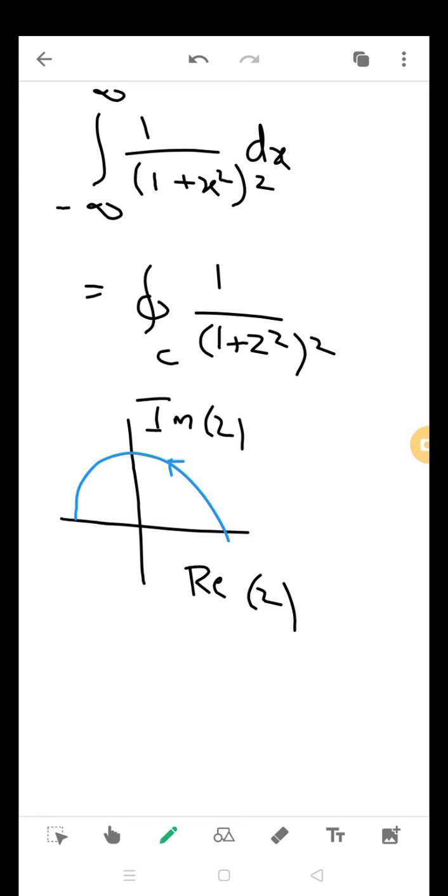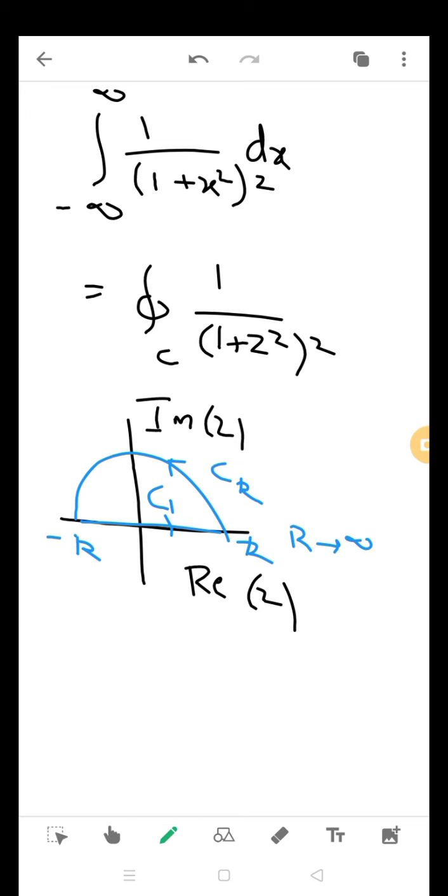So this becomes the contour CR, and this becomes the contour C1, and you can write it as minus R to R. So these are actually the limits, and R tends to infinity.